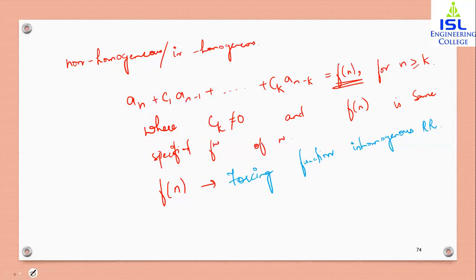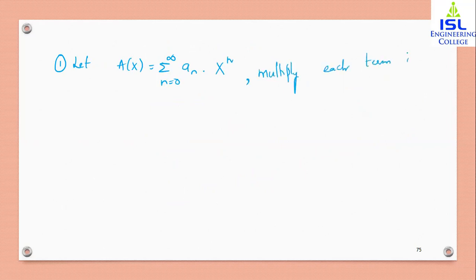So how do we solve it? Here we solve it in this way. Let A of x is equal to sigma n is equal to 0 to infinity an into x power n. Multiply each term in the inhomogeneous or non-homogeneous recurrence relation by x power n and sum, that is, apply the sigma notation from k to infinity.